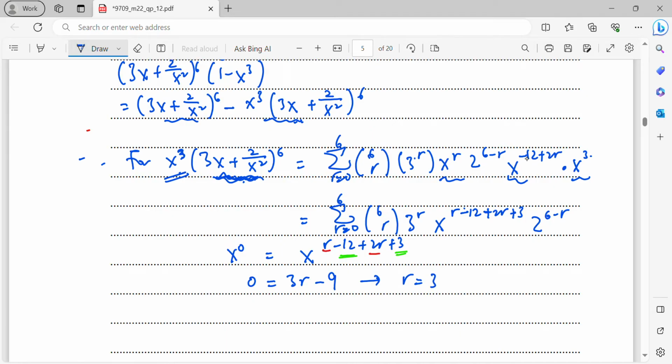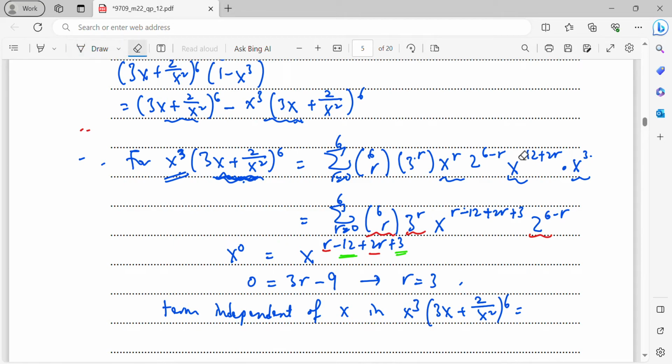Okay, so I will say term independent of x in x cubed times (3x plus 2 over x squared) power 6 happens when r equals to 3. So now I will just replace the r value in this expression.